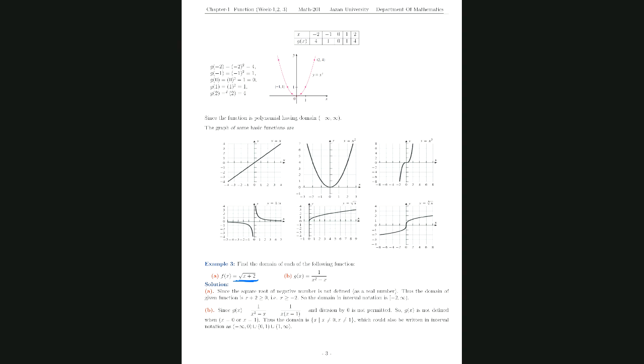Okay. Now if you look here, see this function number 2, gx equals 1 over x squared minus x, if this is the function. Okay, right? Here there is no root, but there is a fraction, 1 over. So if a fraction exists, how to find the domain?